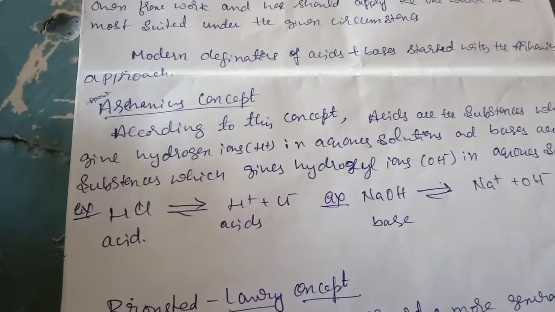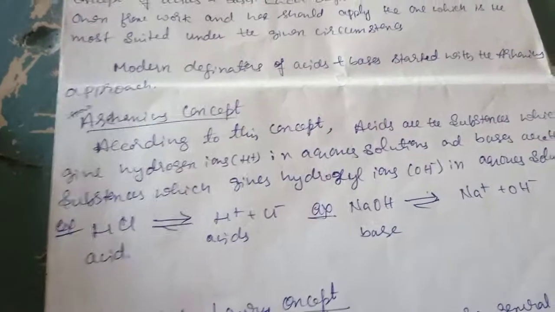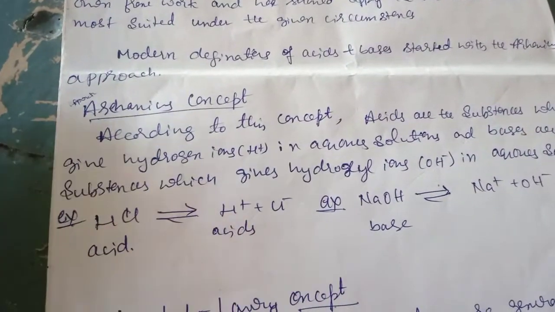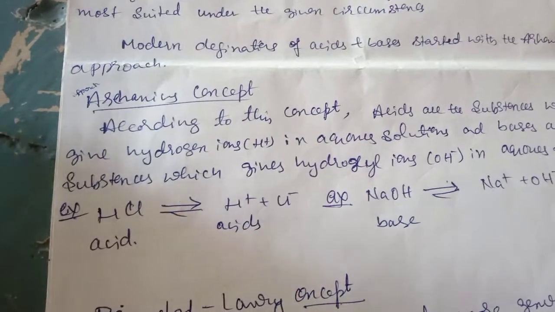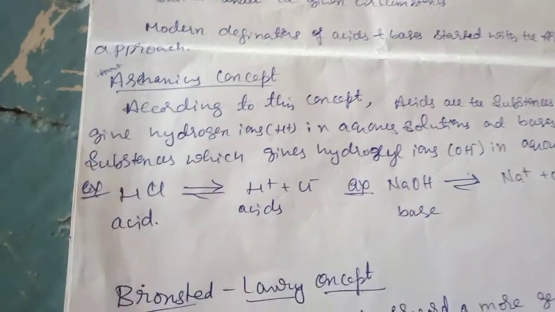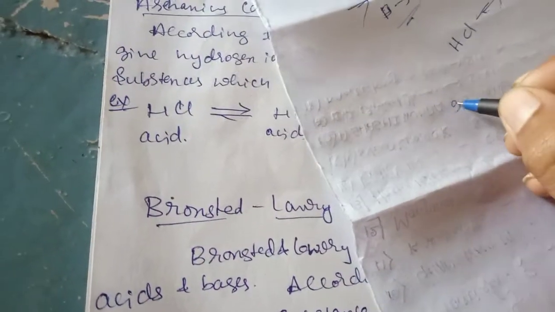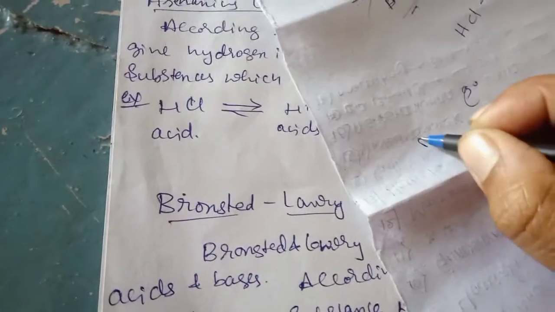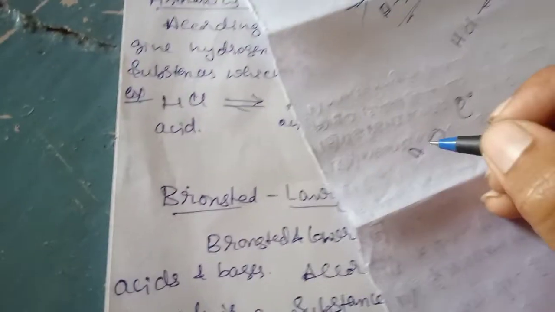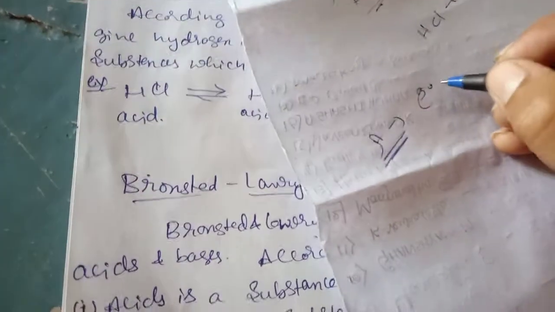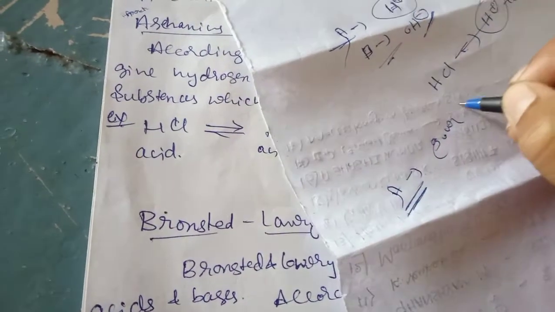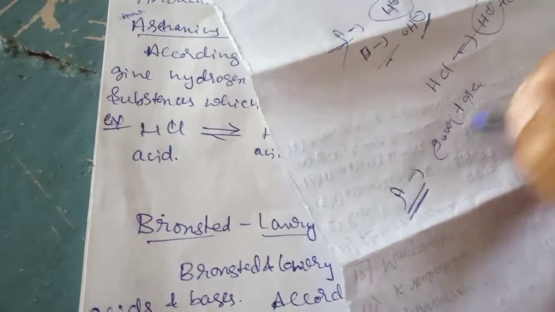In earlier times, acids and bases were classified according to their observed properties. For example, acids are those substances which had a sour taste. What do we mean by sour taste? Huli amsha.